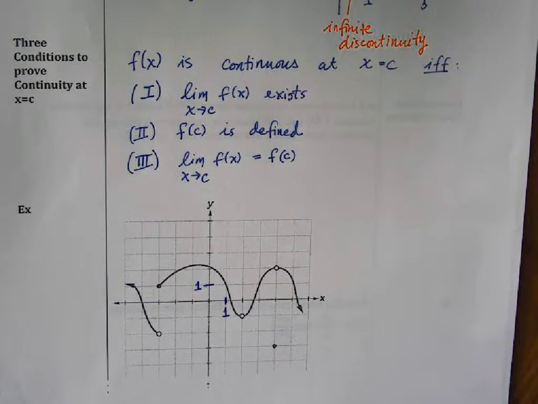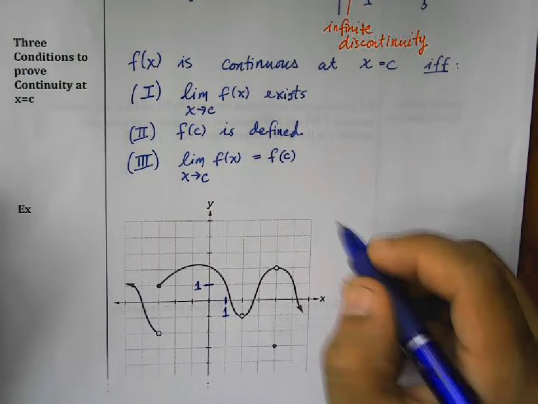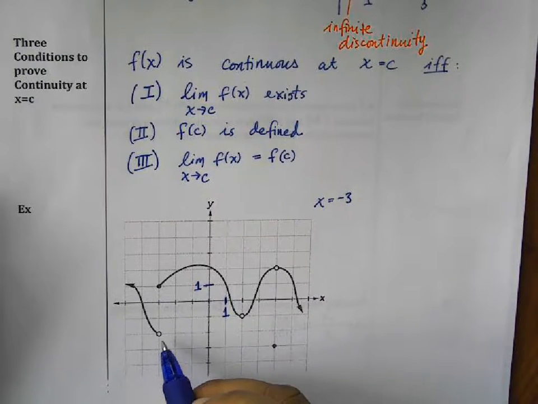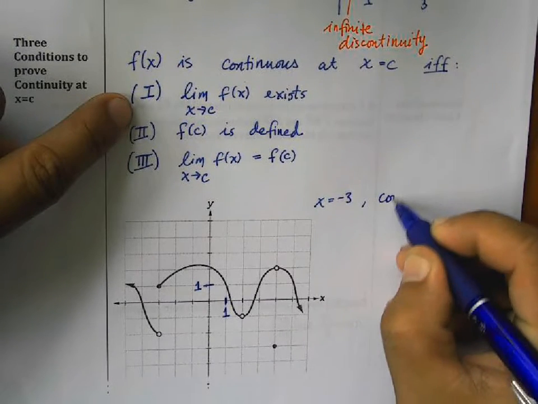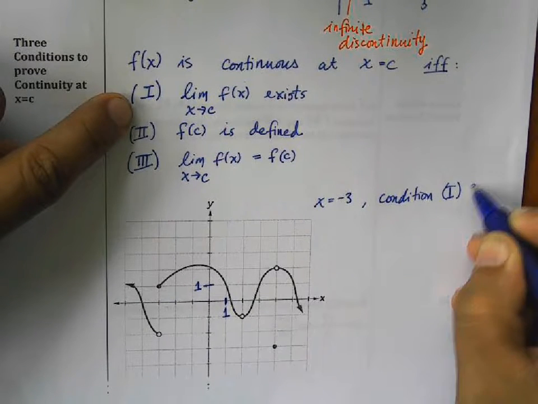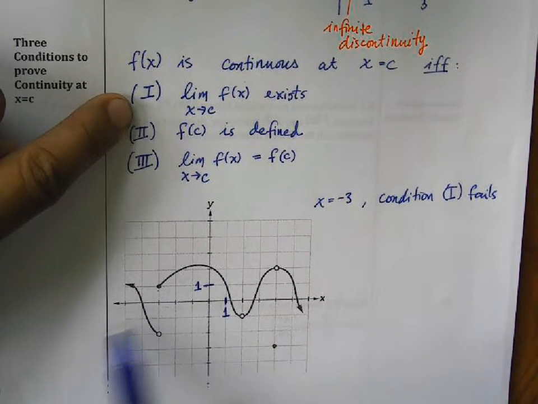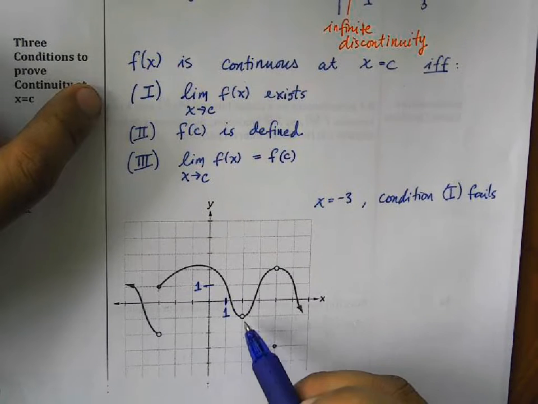At x equals -3, you can see that we have a jump discontinuity, so condition 1 fails, because the limit from the positive side and the limit from the negative side are not the same, therefore the limit does not exist. Here's another good example.